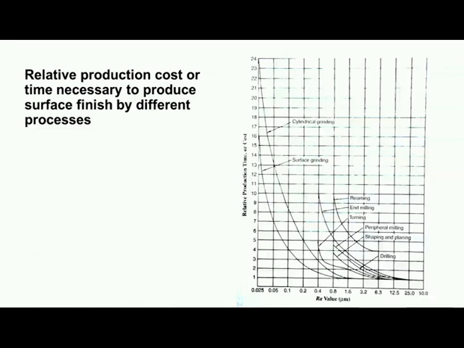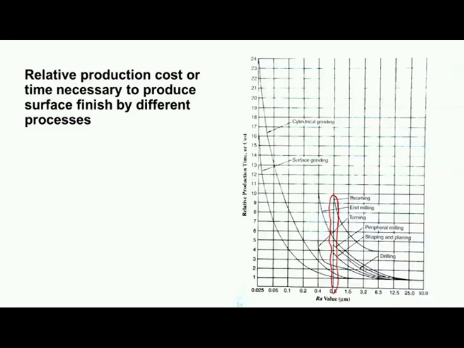I can see the 0.8 micrometer Ra value can be obtained by many operations like drilling, and then shaping and planing will also give 0.8 micrometer Ra value, and then peripheral milling operation. It is also possible to have this finish by turning operation by proper usage of machining parameters, and end milling also we can use, and reaming also will produce this 0.8 micrometer Ra.